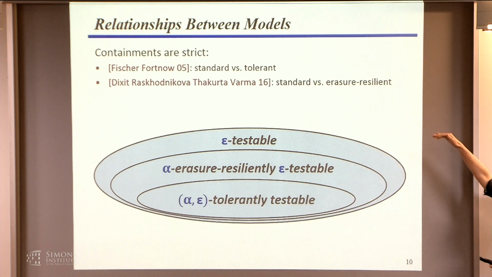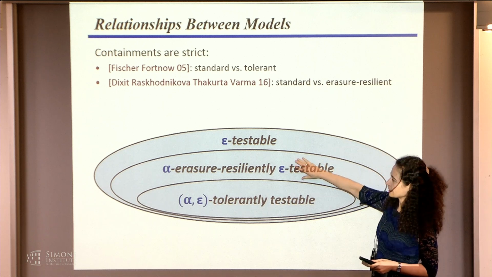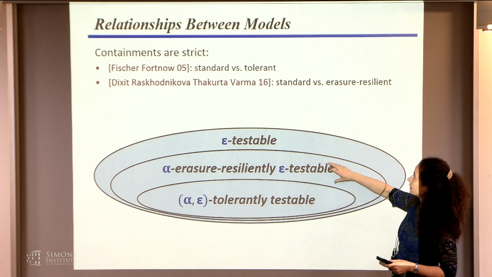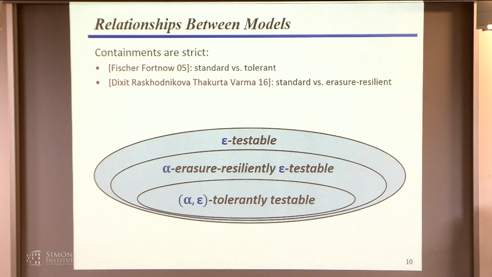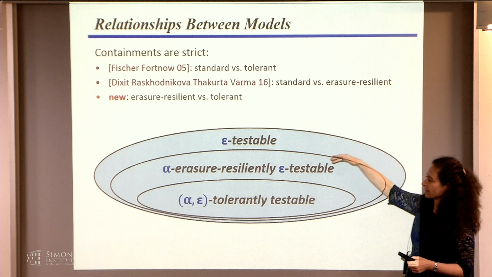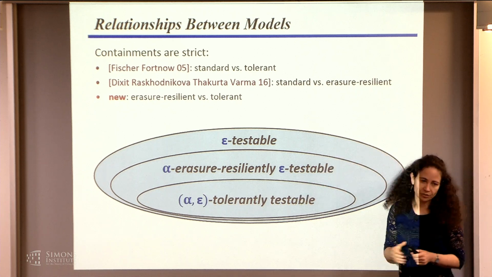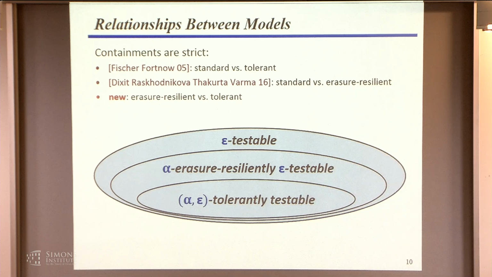And when we defined erasure-resilient testing, we separated it from standard testing. But the question that remained was to separate tolerant testing from erasure-resilient testing, and this is what I'll show you today.